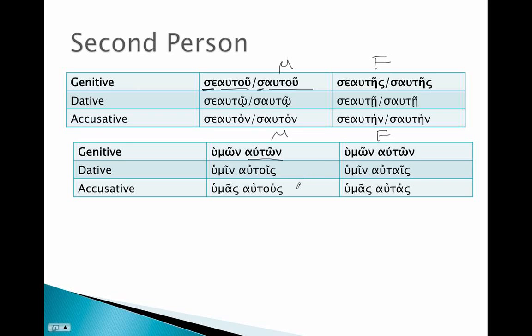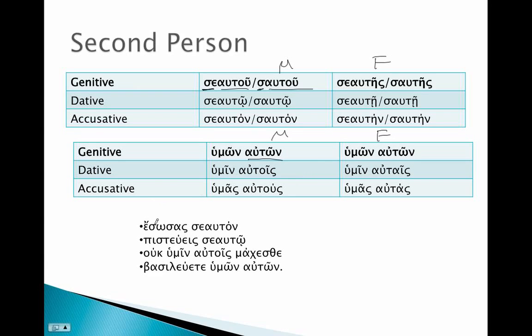Now some examples of these. Ésōsas se-auton, you saved yourself. So se-auton, because the subject is you. There's an accusative. Or pisteúeis se-autō, you trust yourself. Dative, because pisteúeis takes a dative object.